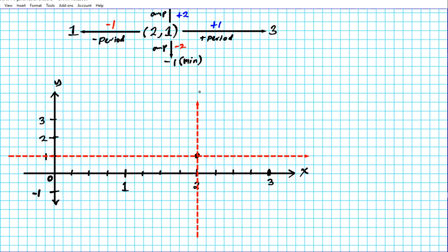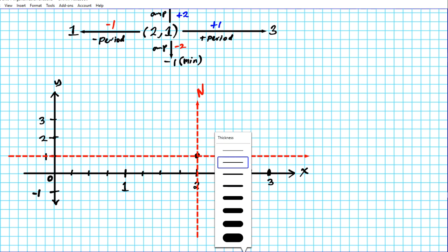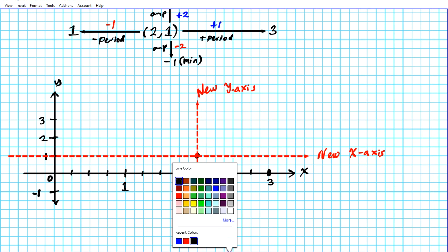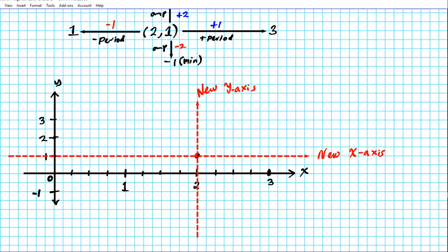This is our new y-axis, and this is our new x-axis. So when we're drawing our transformed trig function, we are not going to pay any attention to this anymore. It's relative to this new coordinate system that we just created.